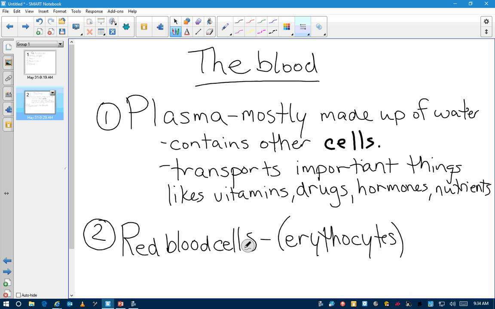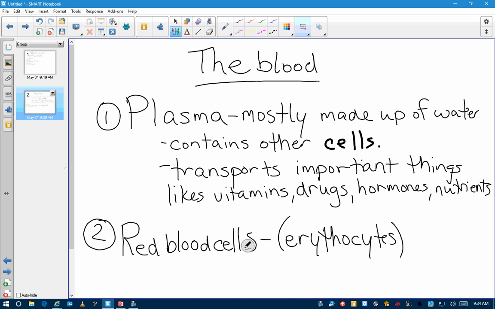Some people can get a plasma transfusion and that's all they're given. If you donate blood, they can spin it. Someone asked about getting plasma transfusions.